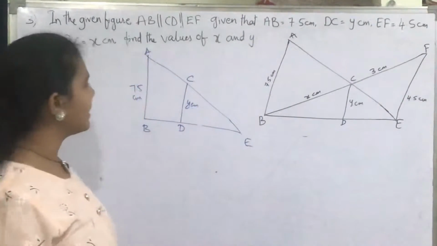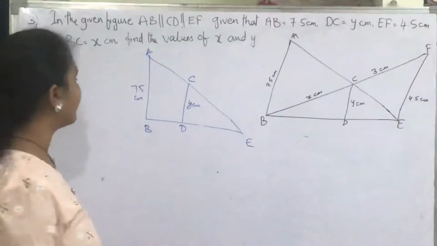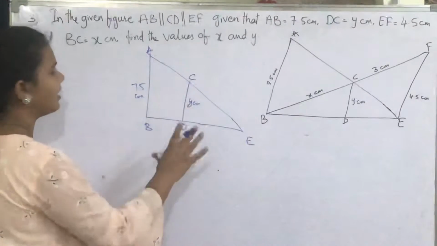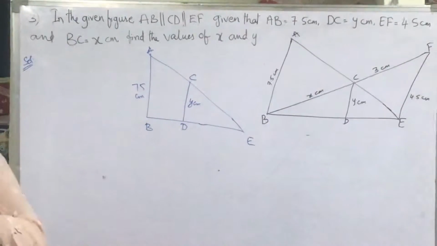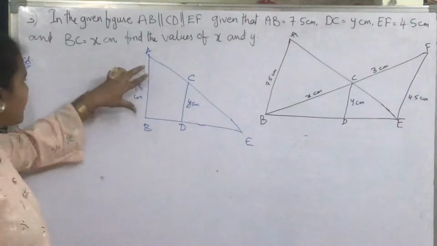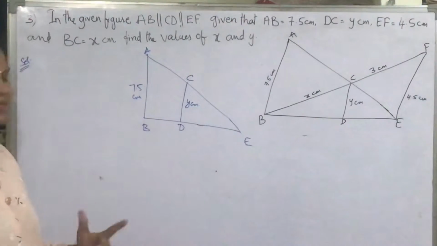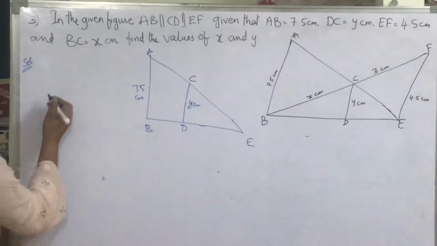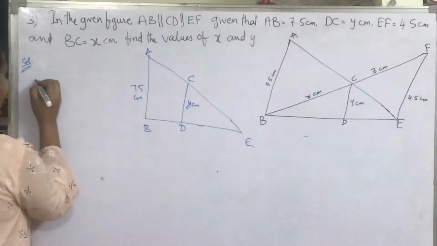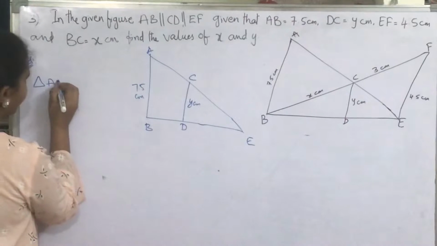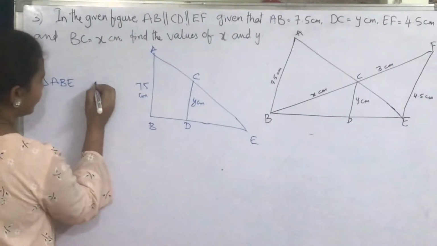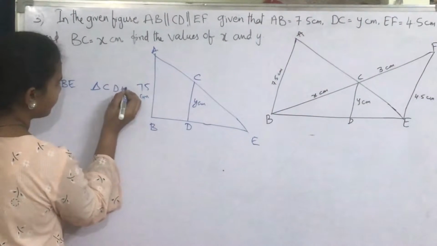Now consider triangle ABE. If you look into this given figure, you can see two triangles over here, where ABE will be the first triangle and CDE will be the second triangle. So now, here, triangle ABE and triangle CDE.